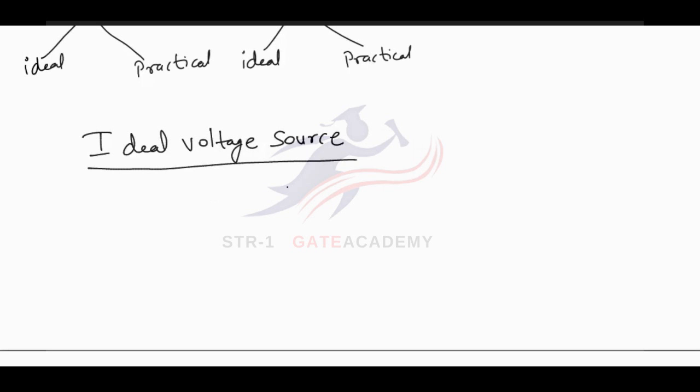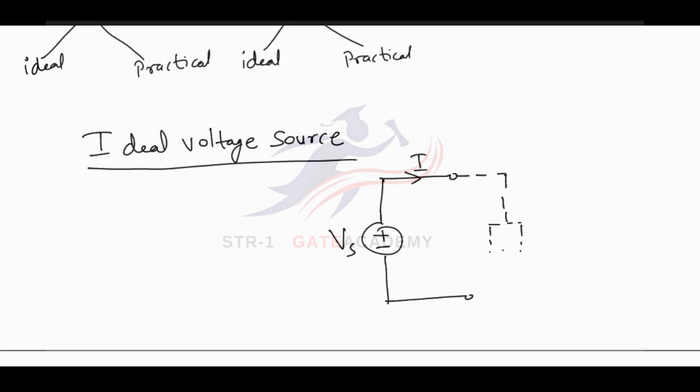Now, an ideal voltage source is symbolically shown like this. It has a voltage value Vs. It provides a current I. Now, for the current to flow, there must be a closed path. So therefore, I'll apply a load over here, which is variable.